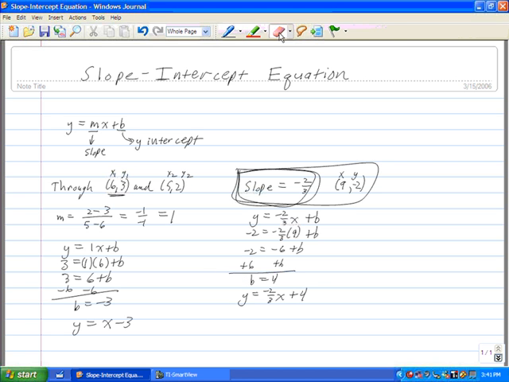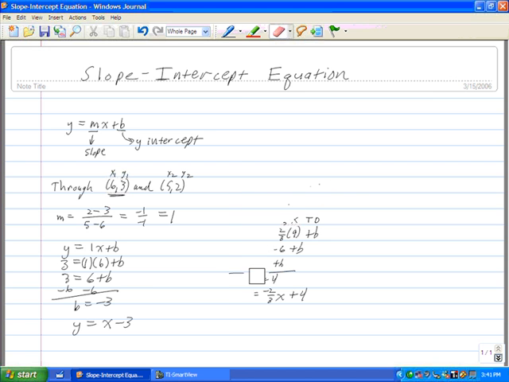Now, one other thing that this equation is good for. It is easy to use this equation to see when lines are parallel versus perpendicular without actually having to draw them. Let's say I had 2 equations. 5x minus 6y equals 10, and -6x plus 5y equals 20.